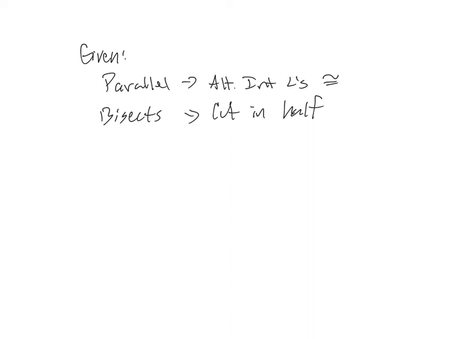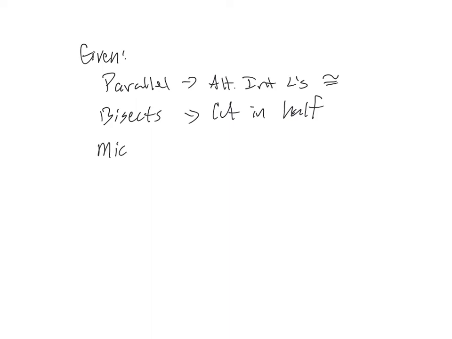So the two sides or the two angles that are being cut in half, the parts are congruent. You're going to say, okay, this part on the left and this part on the right are congruent. Whether they're angles or sides doesn't matter. That's what you want to say. Okay.